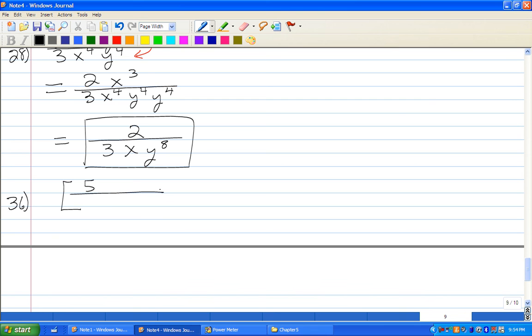5a cubed b squared, 6a to the negative 2, 6b to the 6, quantity squared. Okay, so let's simplify this.